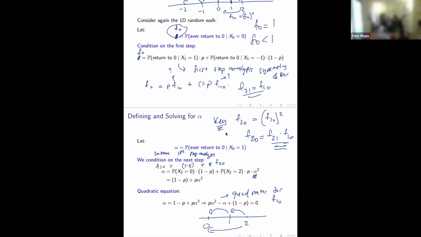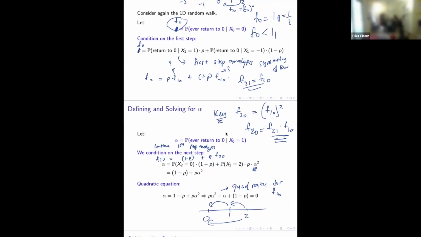What we are trying to do is to prove f0 is equal to 1 or f0 is less than 1 in the two cases, right? In the case when p equals 1/2 or p is not equal to 1/2. And we can do that by somehow studying the f10.